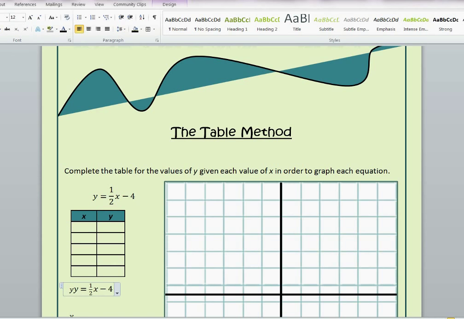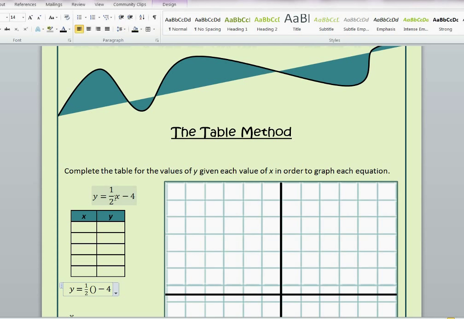In for x, we are going to put our values of x that we're going to come up with. So let's figure out what values of x would make our lives the easiest. Our slope is 1/2. Could we pick 5 for x? Absolutely we could. Will we get the right answer if we did our math right? Yes, but let's not make it harder on ourselves than we need to.